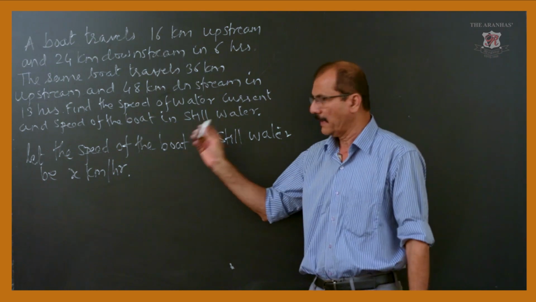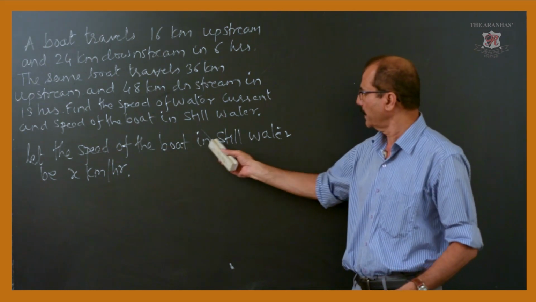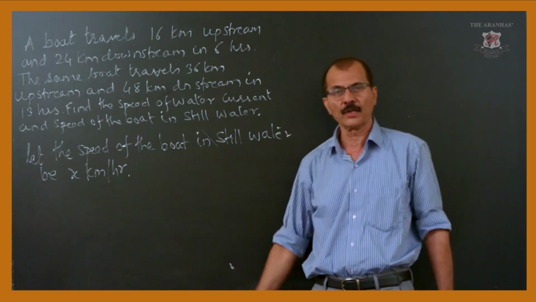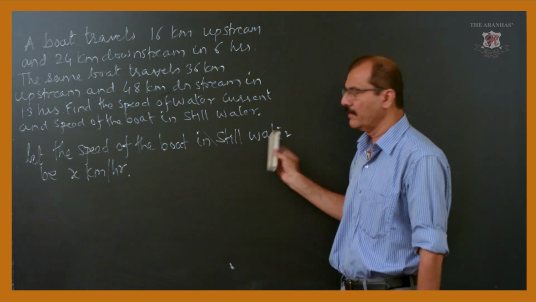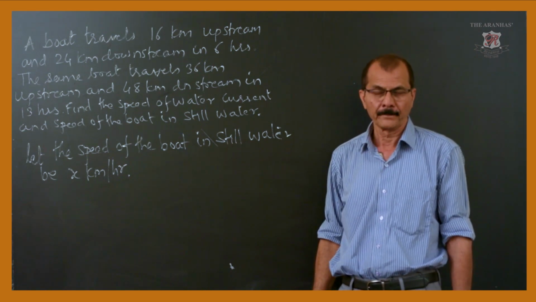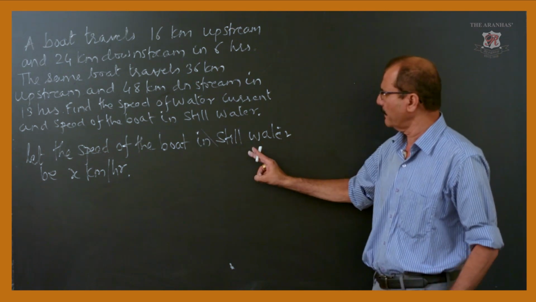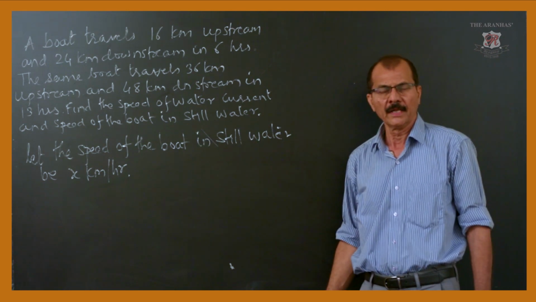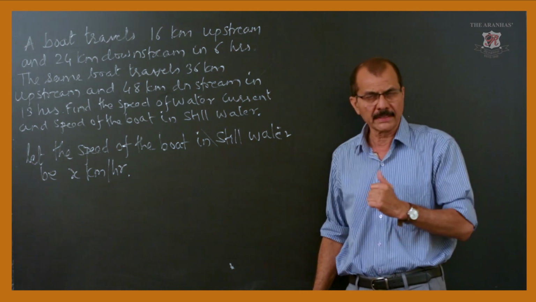So, how are we going to start? Let the speed of the boat in still water be x kilometer per hour. Do not forget this word, in still water. Then, if x is the speed of the boat in still water, I have to assume the speed of the water current.